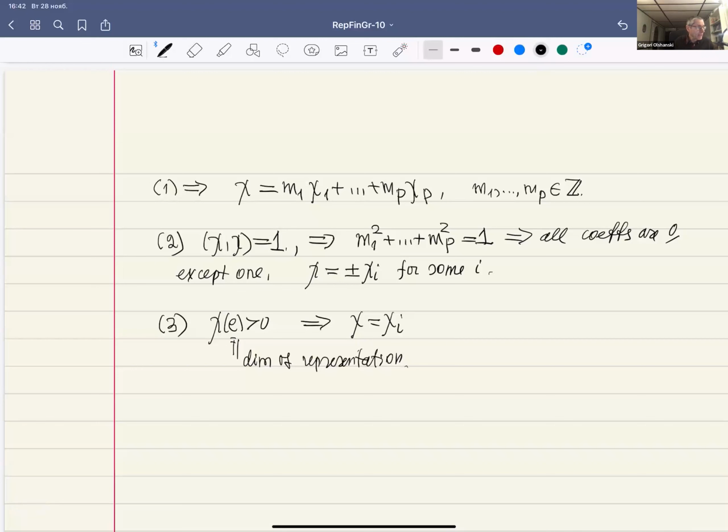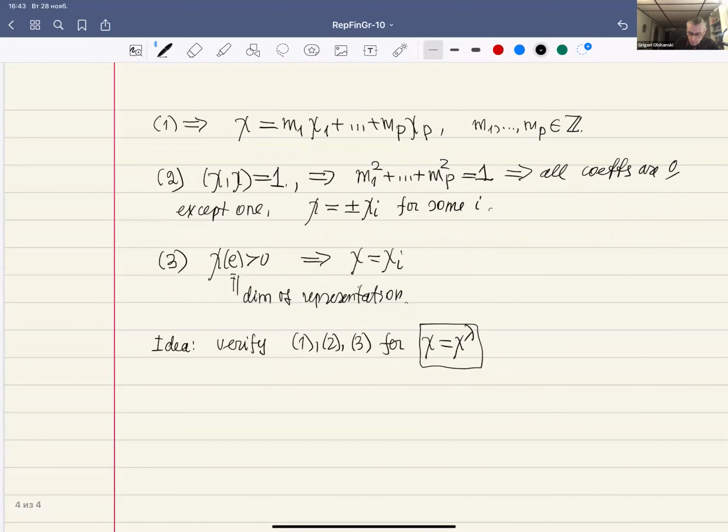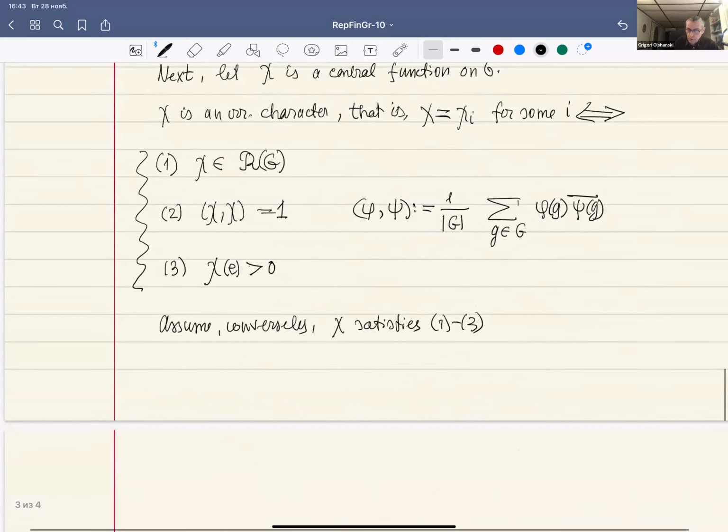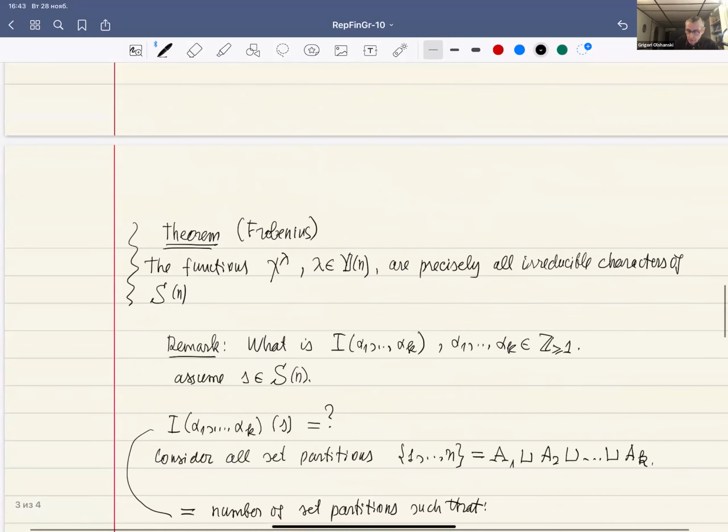So we will apply our idea here, verify these properties for our function. So the first property is evident. Why? Return to our definition.